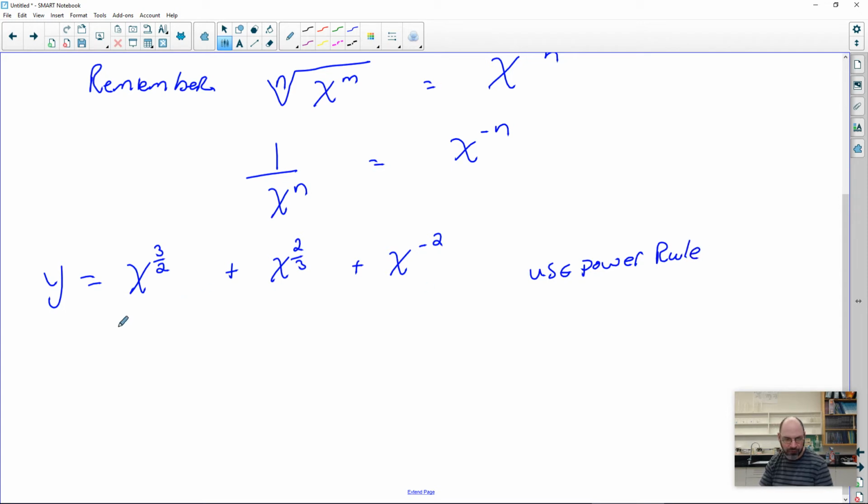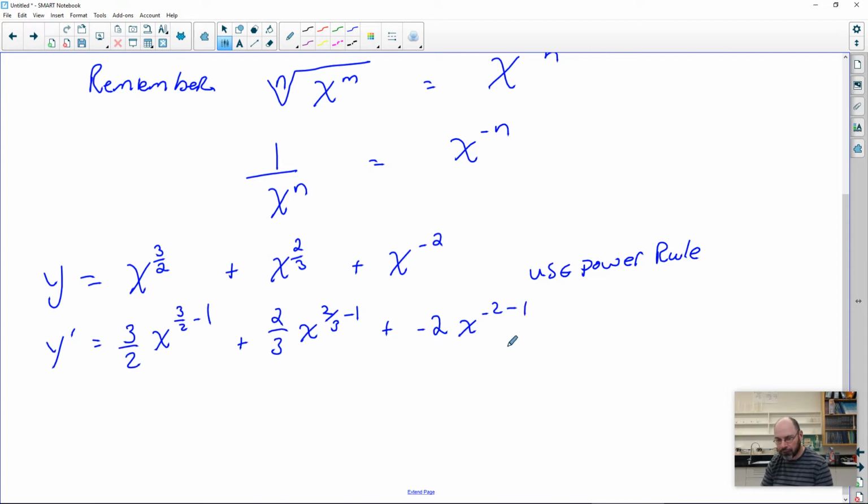Okay, so the power rules, I'm going to put this out front. y prime equals 3 over 2 x to the 3 over 2 minus 1, plus 2 over 3 x to the 2 over 3 minus 1, plus negative 2 x to the negative 2 minus 1.